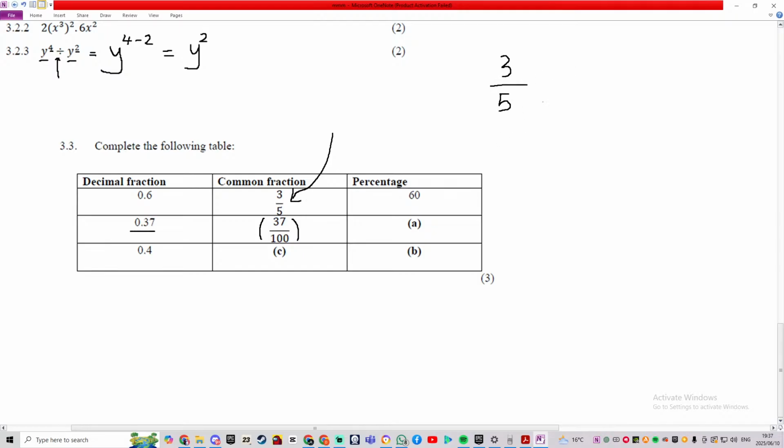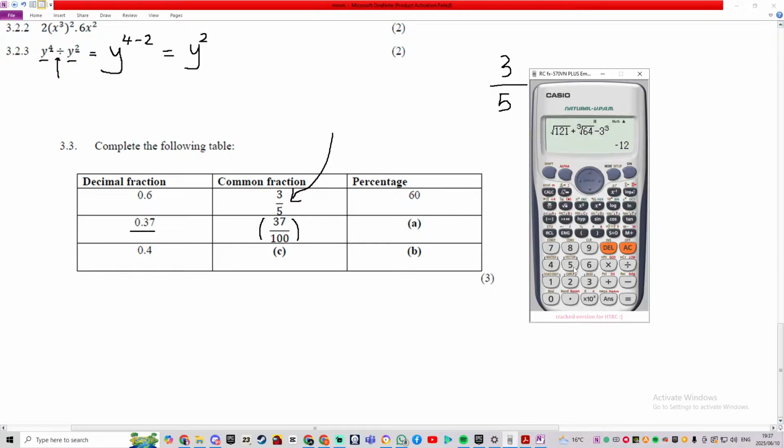All we do to convert a fraction to percentage, you take the fraction and multiply it by 100. So we have 3 over 5, sorry, multiplied by 100, that is 60.